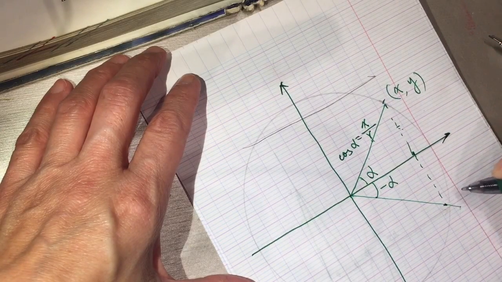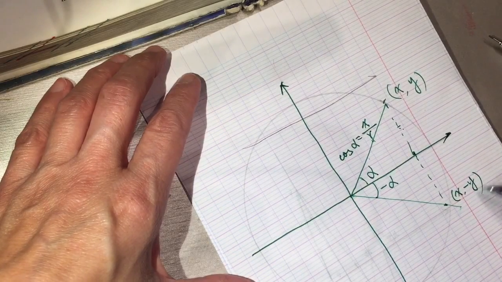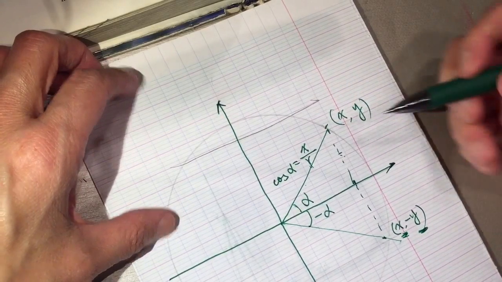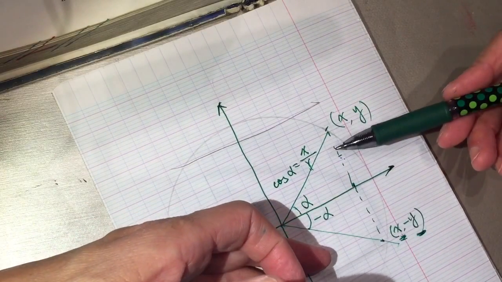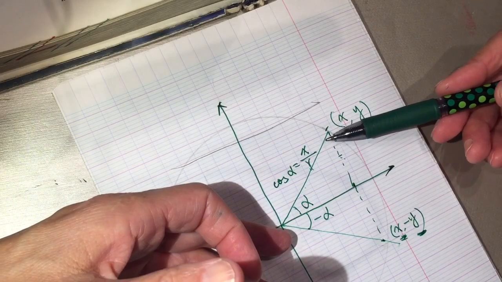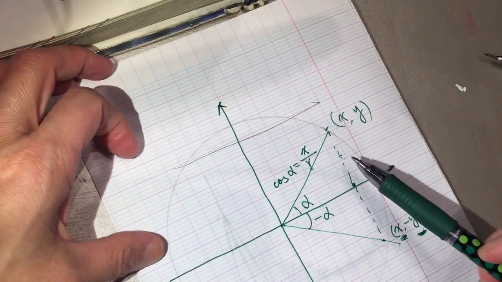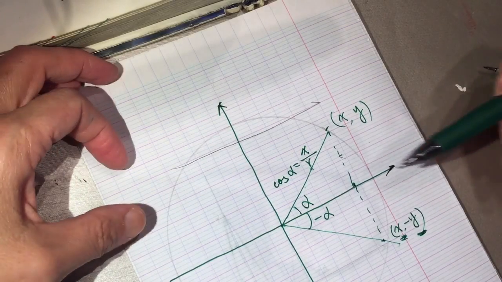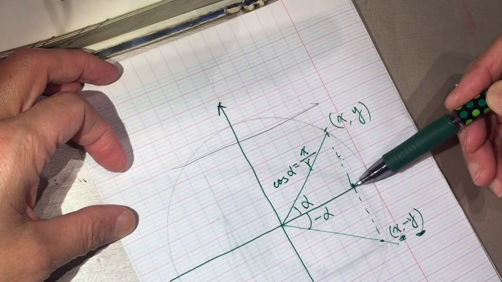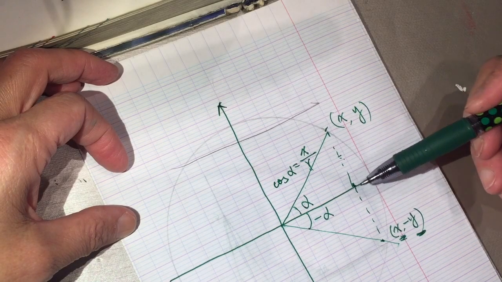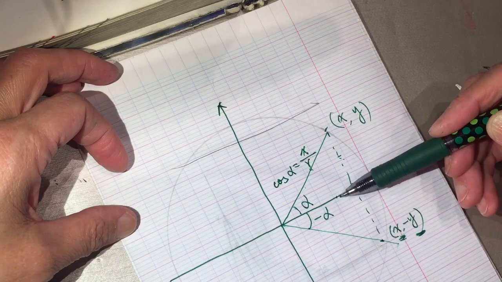Here is x, negative y. So y is negative, but x is positive because it flips over. Cosine is x.